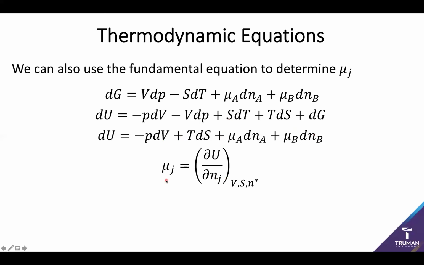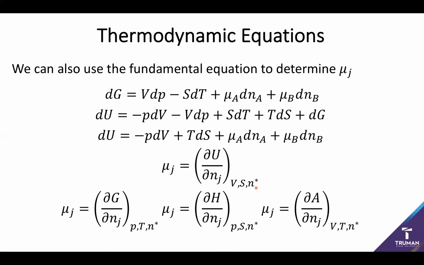And when we do this, one of the ways we can describe the chemical potential of any species J is how the internal energy changes with the amount of that species under constant volume, entropy, and the composition of the other species present.